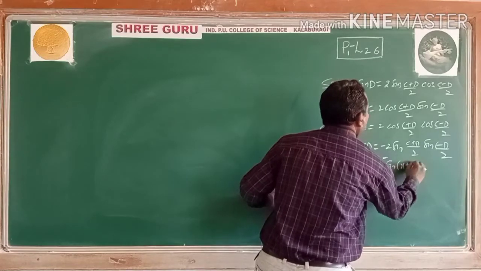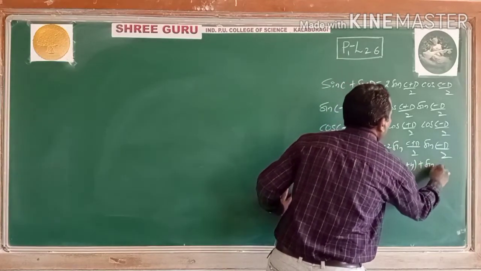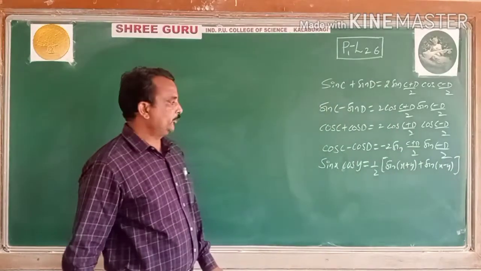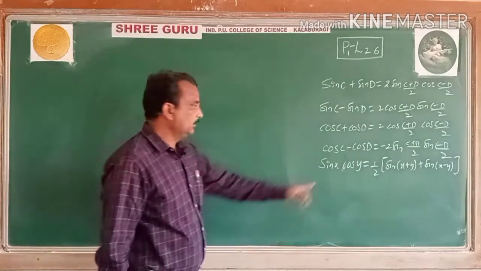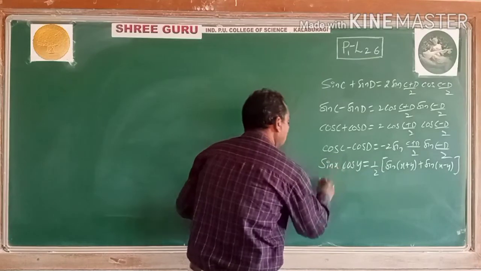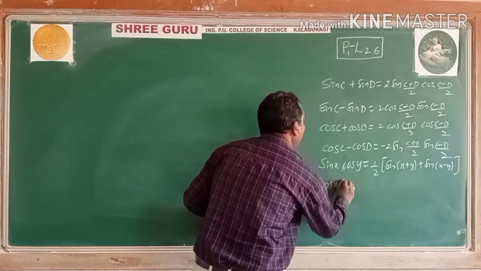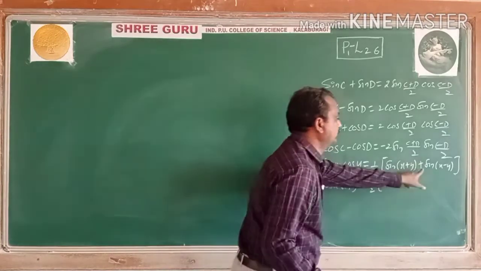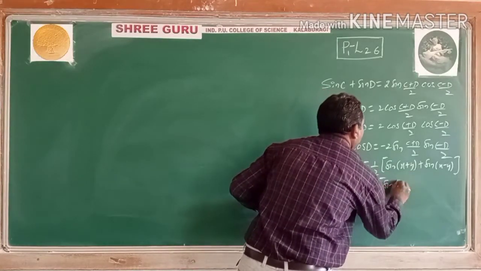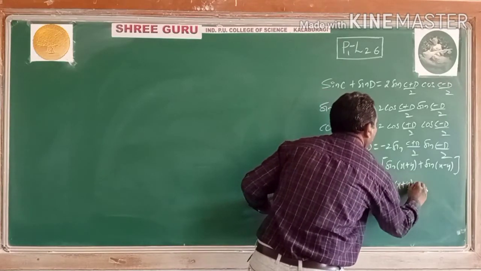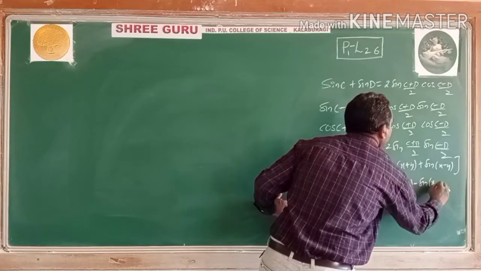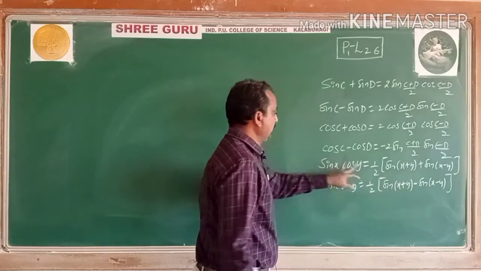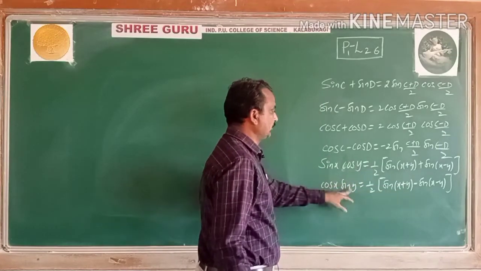Sin x into cos y is 1/2 into sin of x plus y plus sin of x minus y. Cos x into sin y is 1/2 into sin of x plus y minus sin of x minus y.